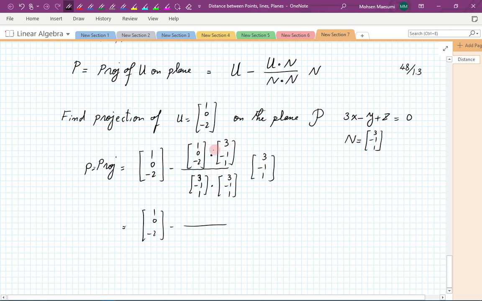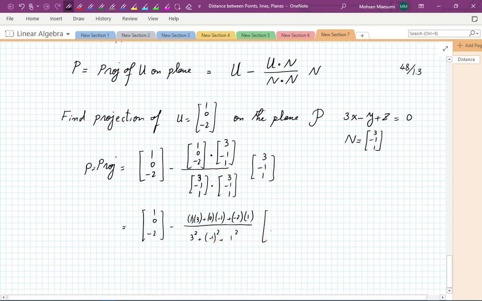1 times 3 is 3. 0 times -1 is 0. -2 times 1 is -2. Adding them all up. And then multiplying these two and adding them up is 3 squared, -1 squared and 1 squared.